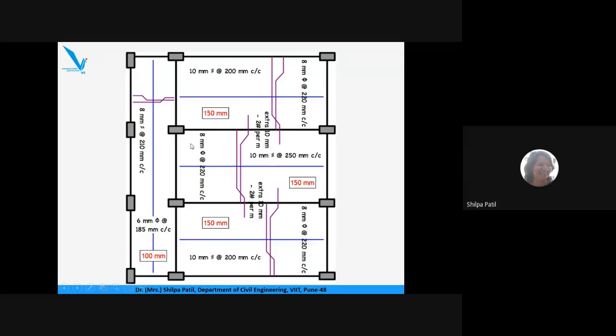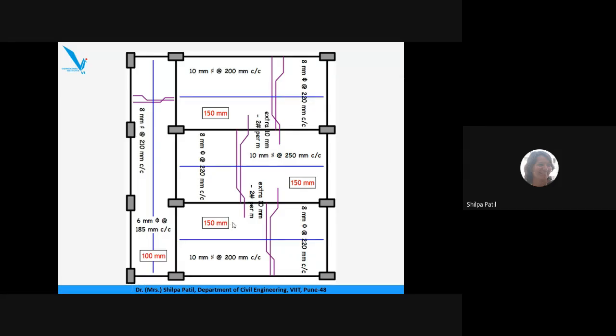Otherwise we need to show all the bars. That becomes very complicated. So simply we show 2 bars. One is bent to the left hand side, another bent to the right hand side, and the spacing between each bar, that we have mentioned here. Similarly, over the other support we have provided 10 mm, 2 numbers of extra bars. So that we have written, and the thickness of each slab is written in the box here, which is 150 mm.